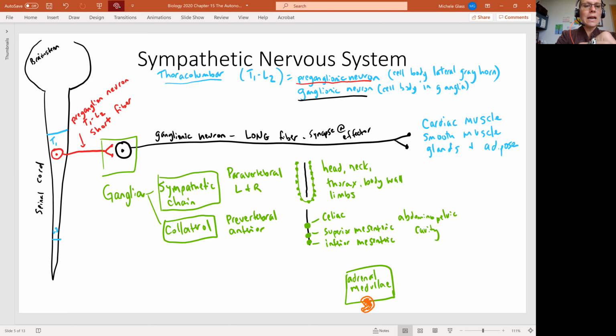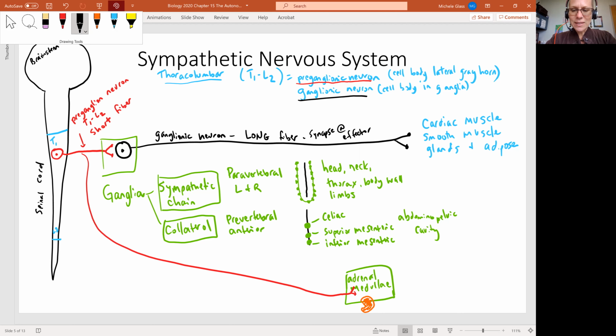And so what we're going to see happening is this preganglionic neuron is short, except for the one that actually goes to the adrenal medullae. And what we'll see then is it's extending all the way out to inside the adrenal gland. And then we said that the ganglionic neuron fibers were long, except for in the adrenal medullae, where that cell is actually located right inside the adrenal medullae.